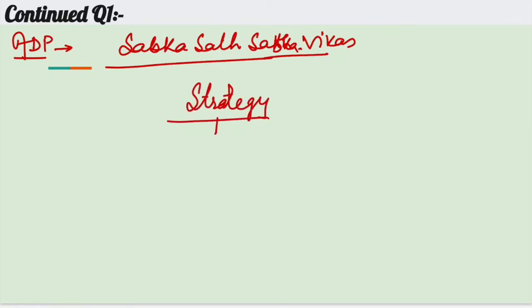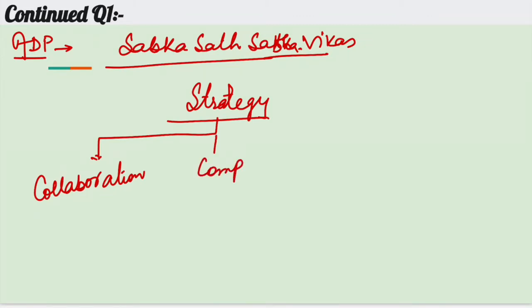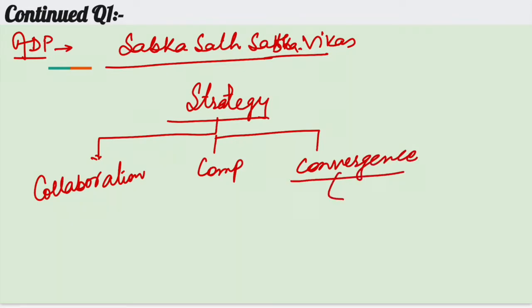So the next part is the strategy. This will be your body part, that is the strategy of ADP. It is based on collaboration. Second, competition. Third, convergence. Here, convergence means that there will be a convergence between the schemes of the central government and state government.